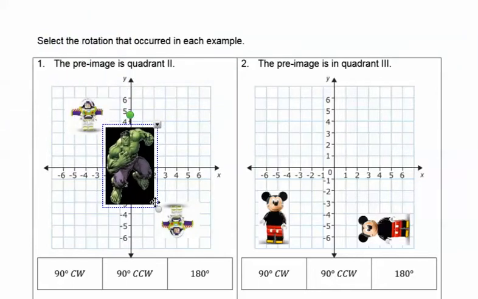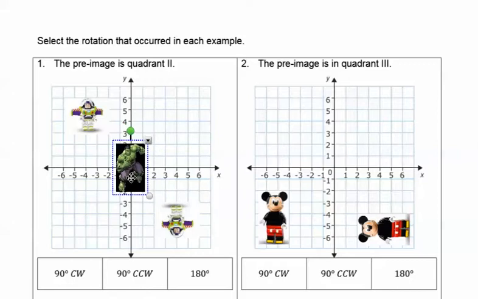Let's say instead of him starting in a quadrant, he started here. If we did 90, he would end up on his side. Okay, 180, he's upside down. 90 this way, he would end up on his side. 180, he ends up upside down.